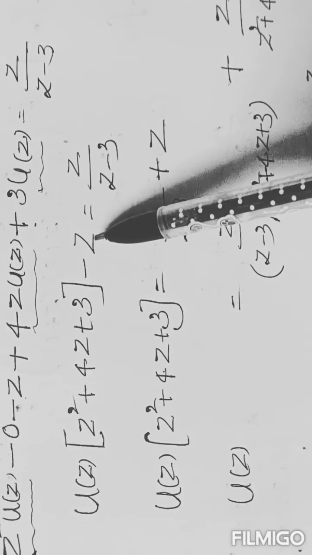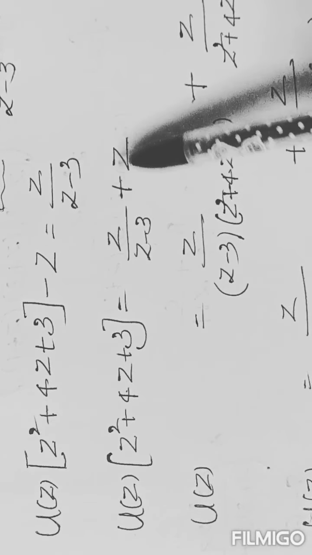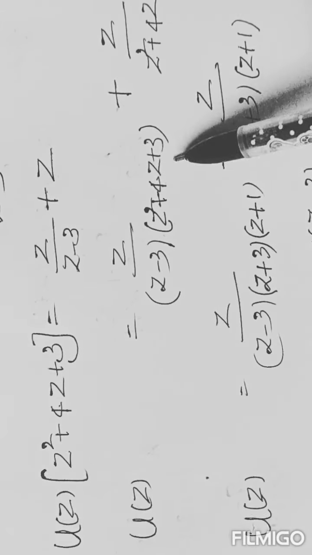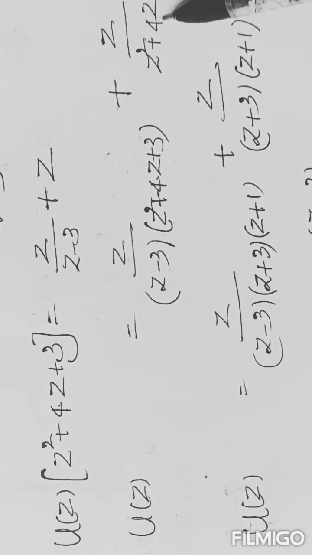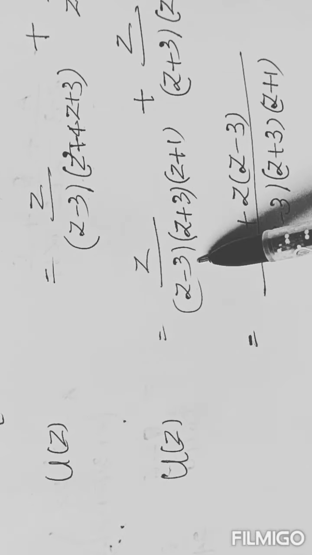First, write minus z on the opposite side, then it will be changed to z by z minus 3 plus z. After that, U(z) equals, now this is the factor, z by z minus 3 into z square plus 4z plus 3, plus z by z square plus 4z plus 3.